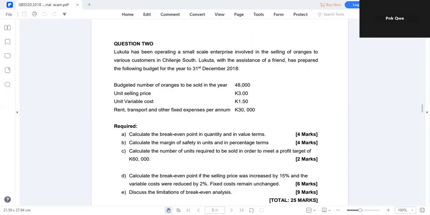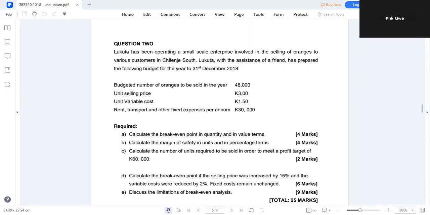So what is the formula for units for targeted profit? Who remembers? Fixed cost plus profit over contribution. All right. So don't forget these formulas.